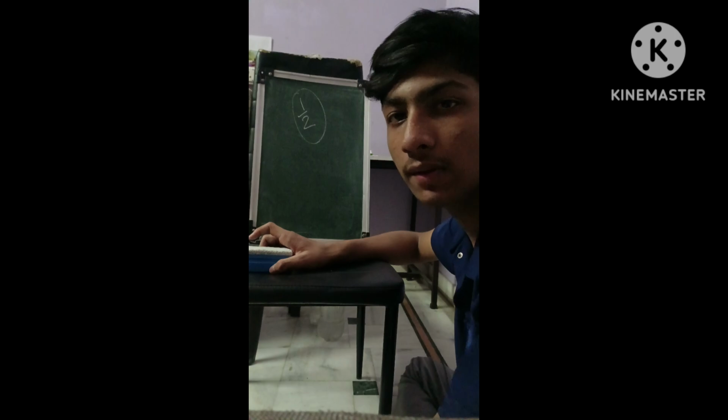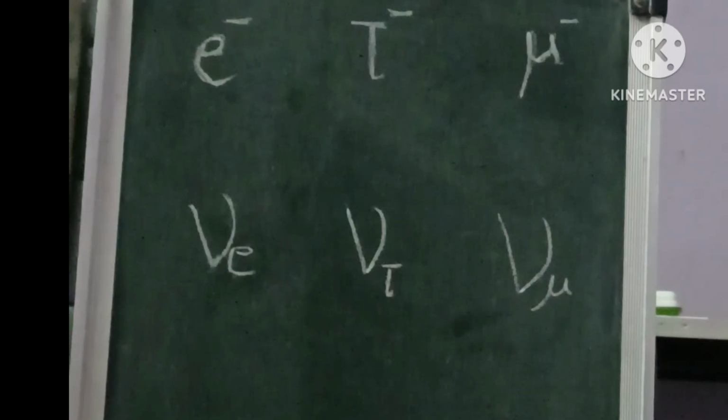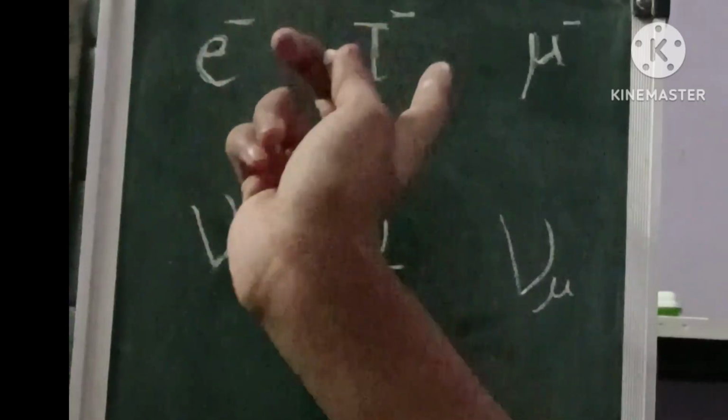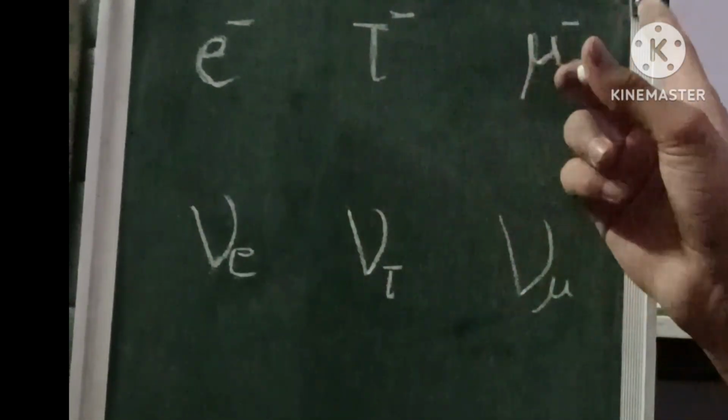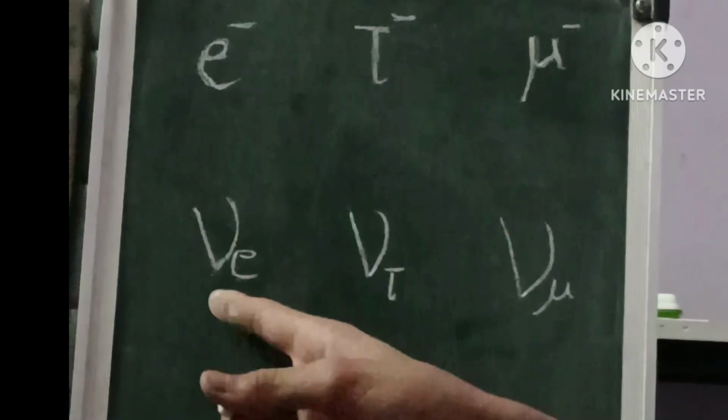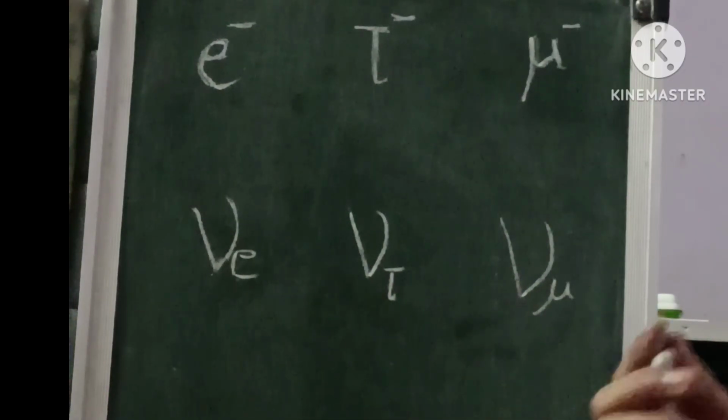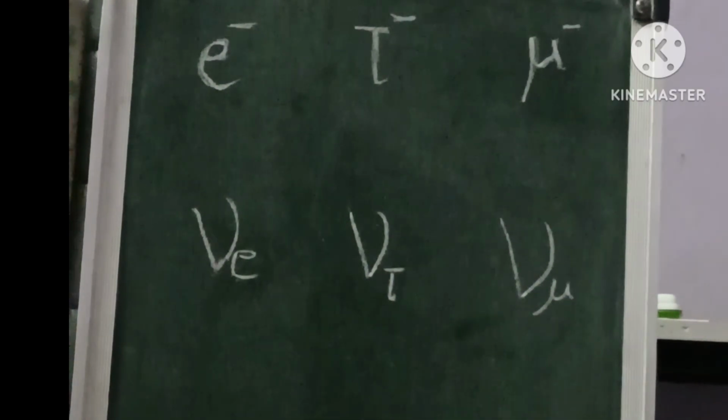And leptons have 6 flavors. The 6 flavors of leptons are electron, tau, and muon, and they all have negative charges. But what are these? These are their corresponding neutrino particles. Neutrino particles are neutral in charge, while the others are negative.